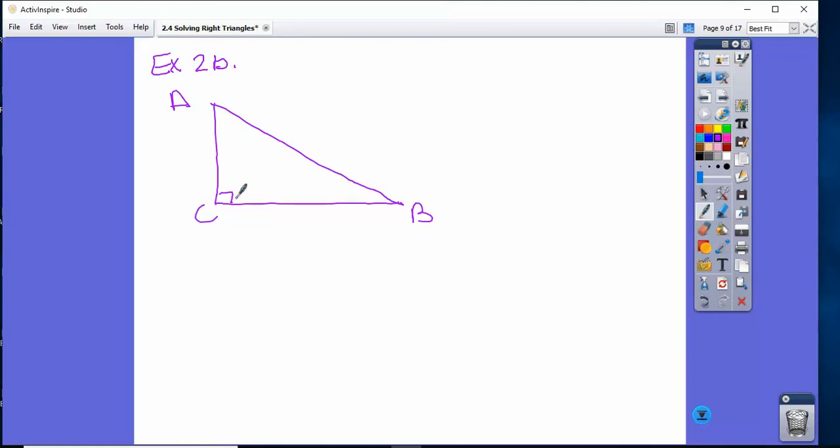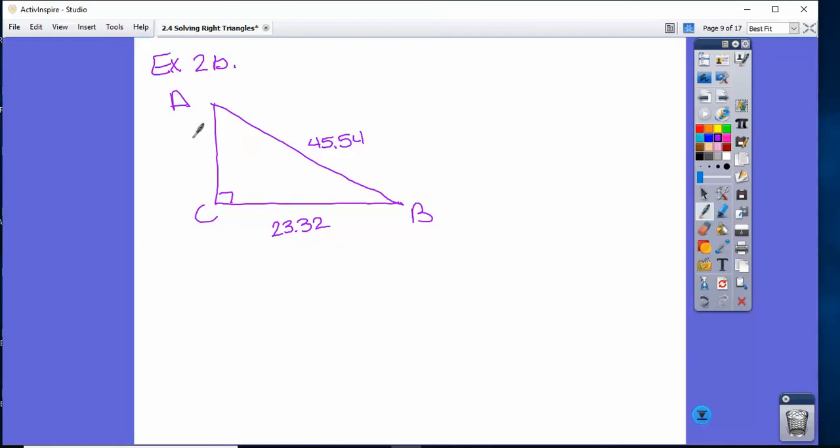Let's say that side C is 45.54 and side A is 23.32. I might ask you to find just one piece in this, but let's go ahead and solve for everything. That gives us a lot of practice.